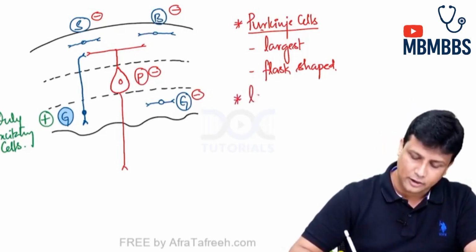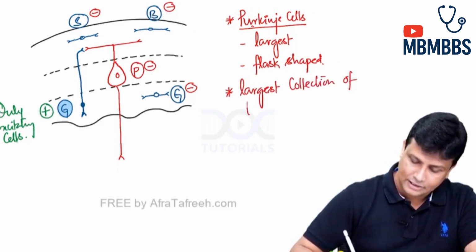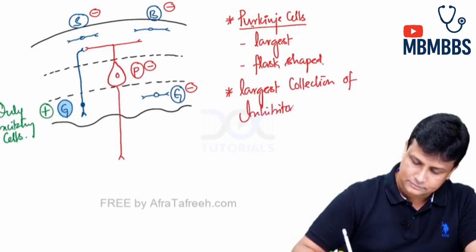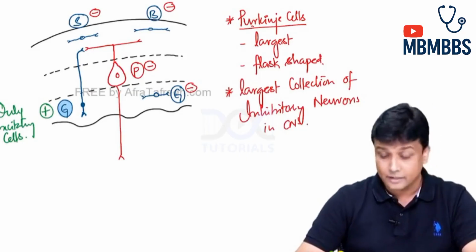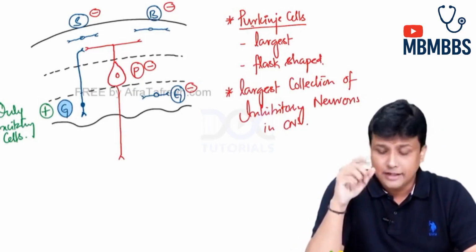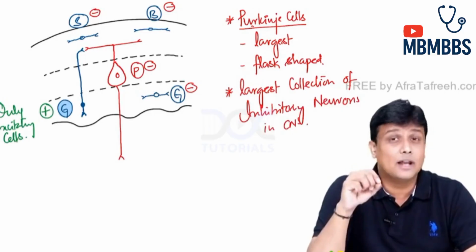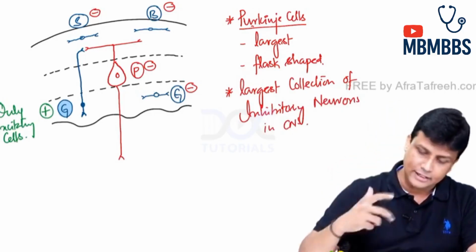Remember, the cerebellar cortex is the largest collection of inhibitory neurons in your entire central nervous system, the entire CNS. So the largest collection of inhibitory neurons in the entire central nervous system will be the cerebellar cortex. Okay. Next one.